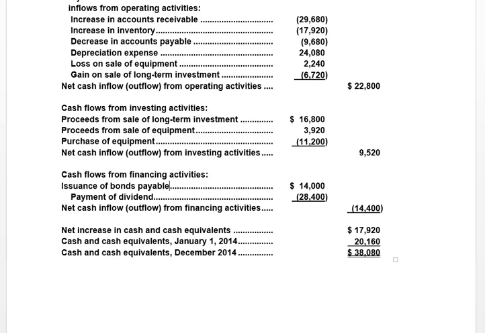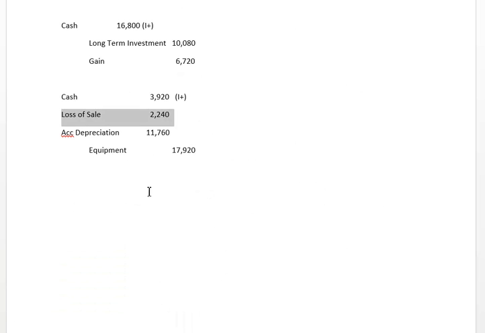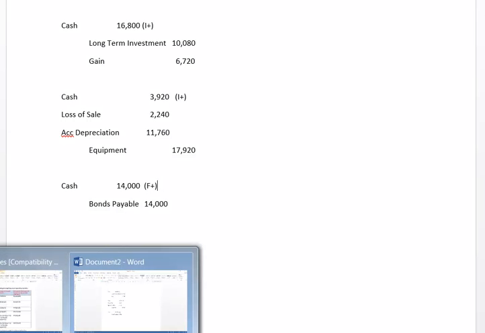So when we issued that bond, we must have debited cash for $14,000, and we credited bonds payable $14,000. And because we issued it at face value, there's no premium or discount, so we don't need to set that up at the date we issue it. This is a financing inflow.